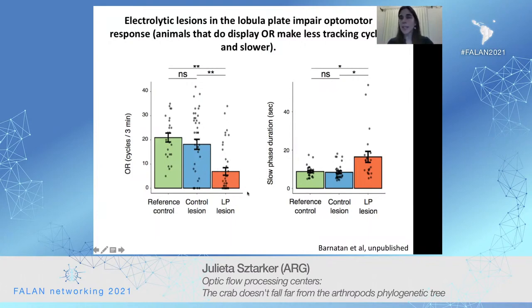The cycles that remain are slower, so they are not actually tracking the image, but staying behind. So there is poor tracking of the image and the compensatory response is not done well.